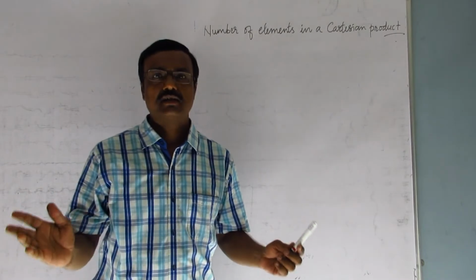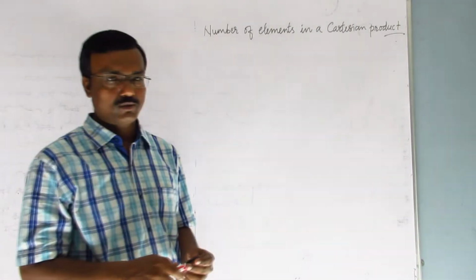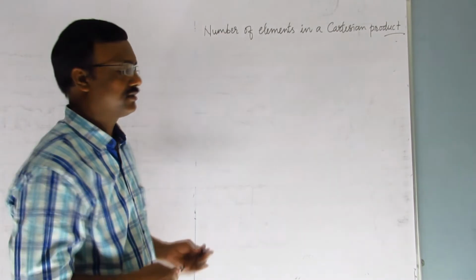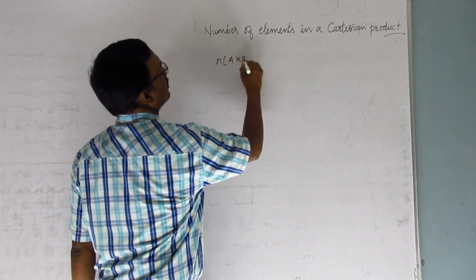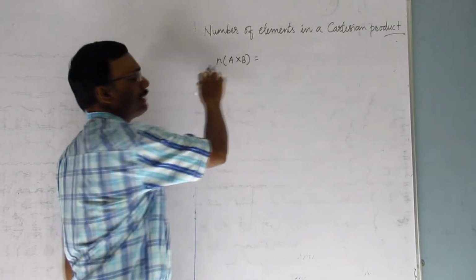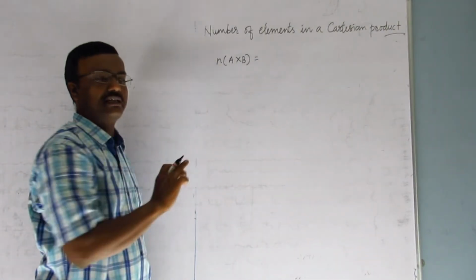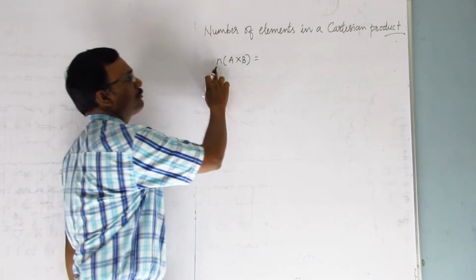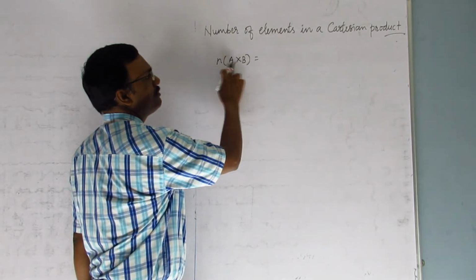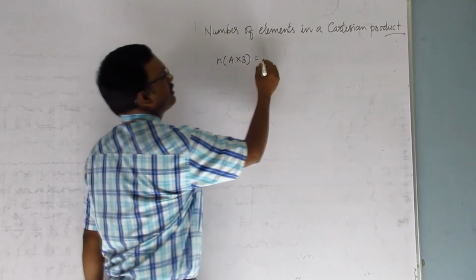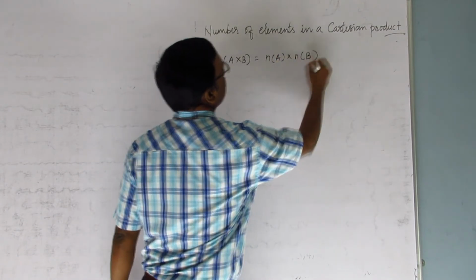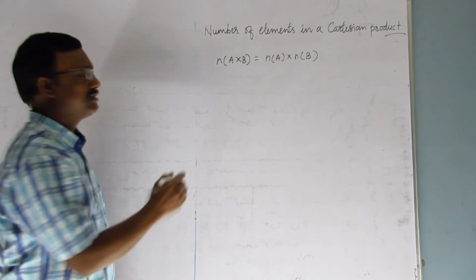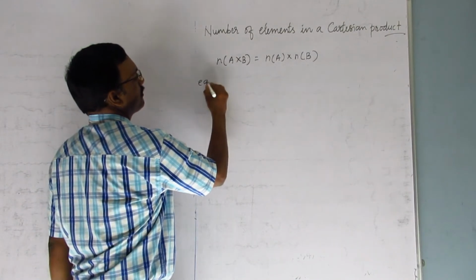Now students, see number of elements in a Cartesian product. So how to find that? So the formula is n(A cross B). n means number of elements, okay, as you have seen in the set chapter. Number of elements in the Cartesian product A cross B is number of elements in A multiplied by number of elements in B. Very simple. So let us see this illustration.